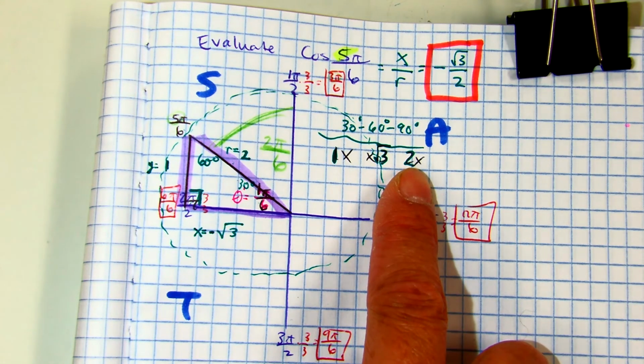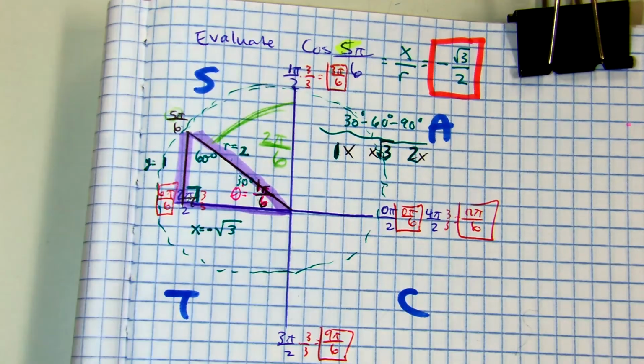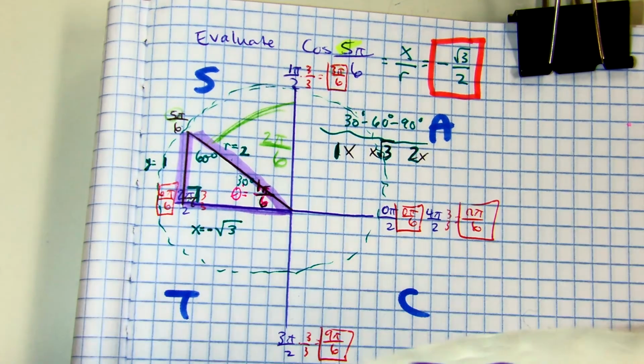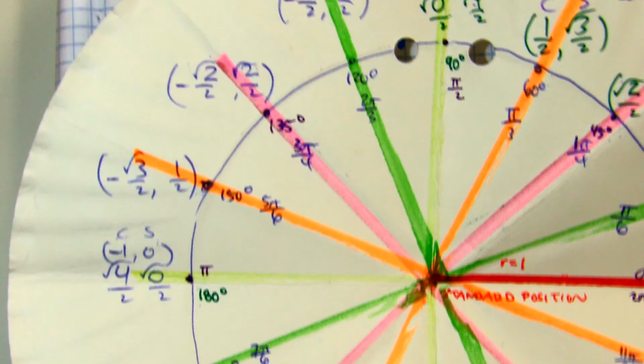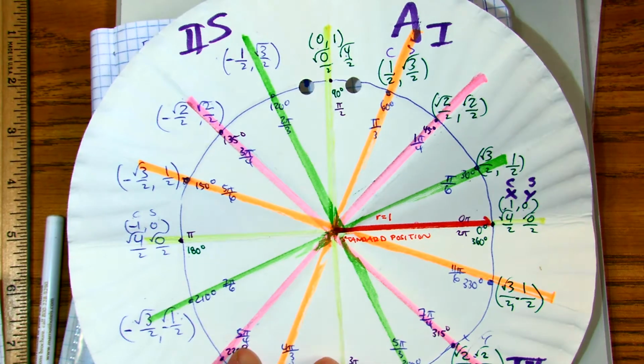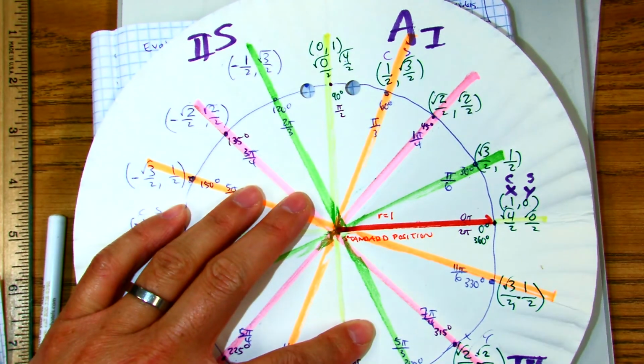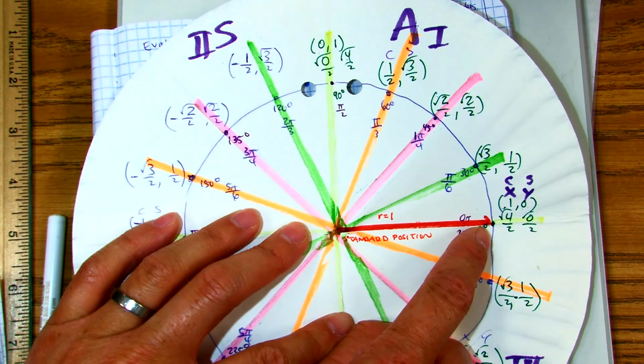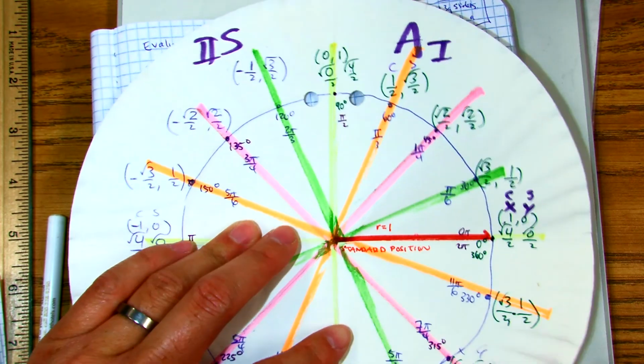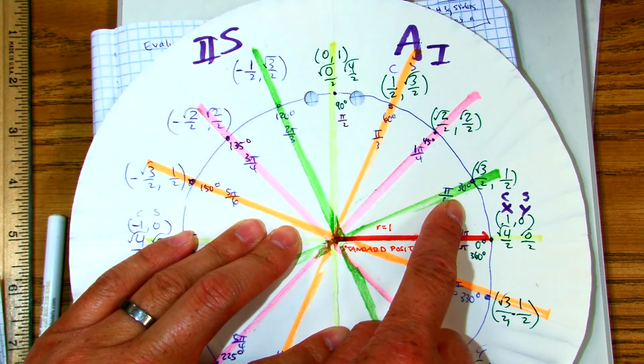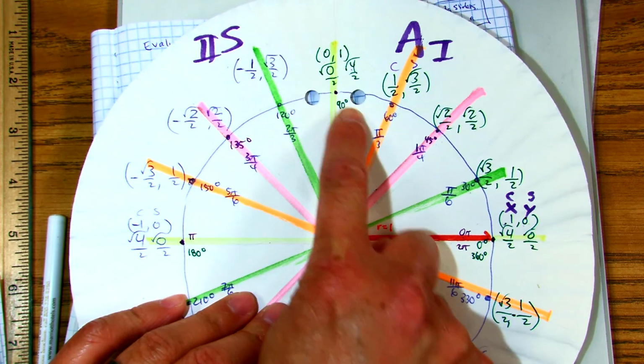Now I'm going to show you how to use the trick paper plate. It's going to be super fast. I see denominators of 6, so this is how I count them. Watch as I count. Hopefully you watched the video. 1π over 6, 2π over 6, 3π over 6, 4π over 6.